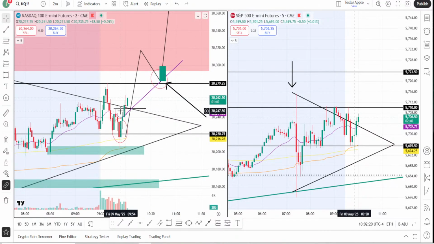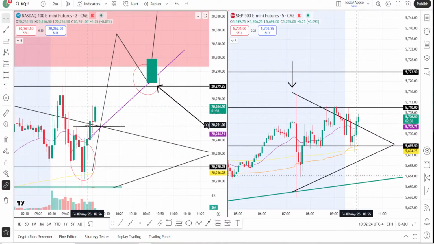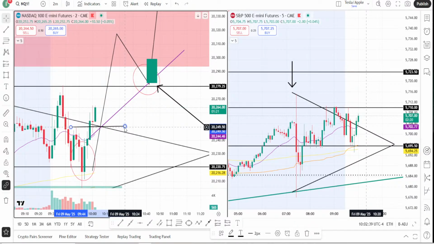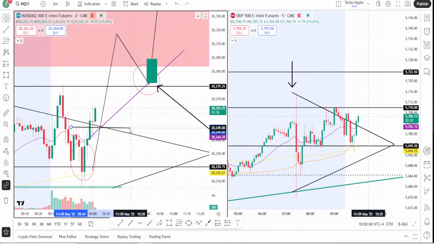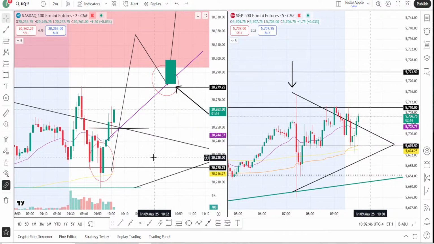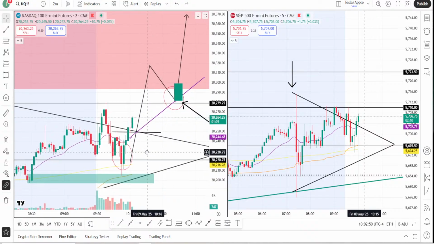We pulled back into this minor level of resistance here. It's now being used as support. I don't know if you saw this green candle formed, and then it pulled back, touched here, and it's starting to push. Okay, so we're finding support where there was previously resistance, which is letting me know that the market is very bullish right now, at least on the short term for now.